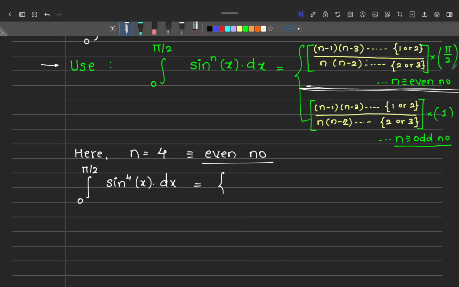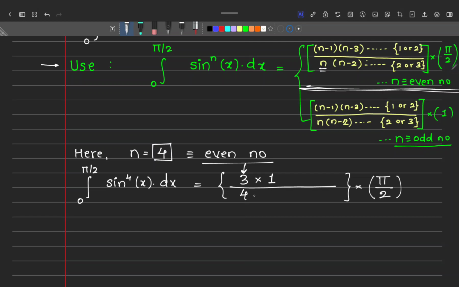This value will be, so here this bracket will be followed by pi by 2, and inside the bracket we start with n minus 1. So n minus 1 is 3, right? If it is an odd number, we take the product of all odd numbers from 1 to 3.